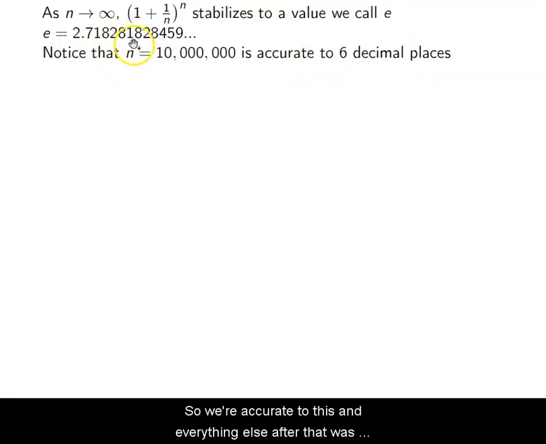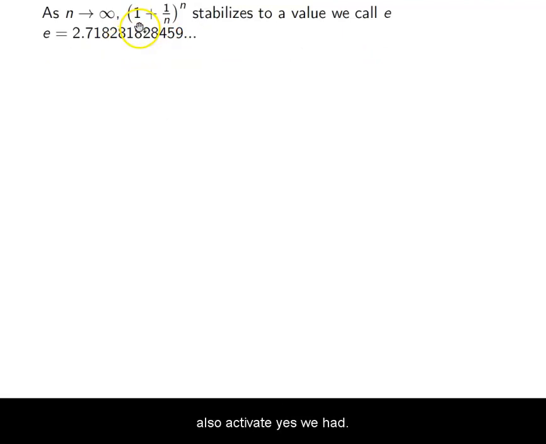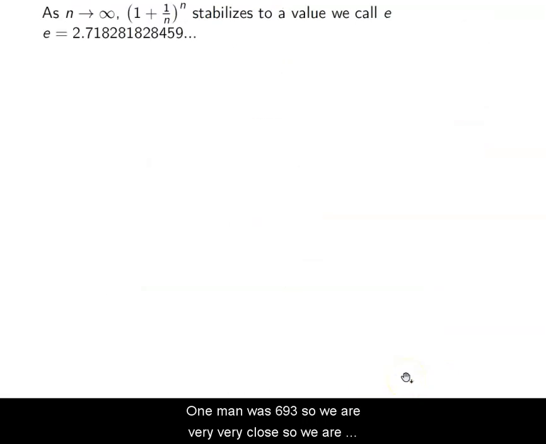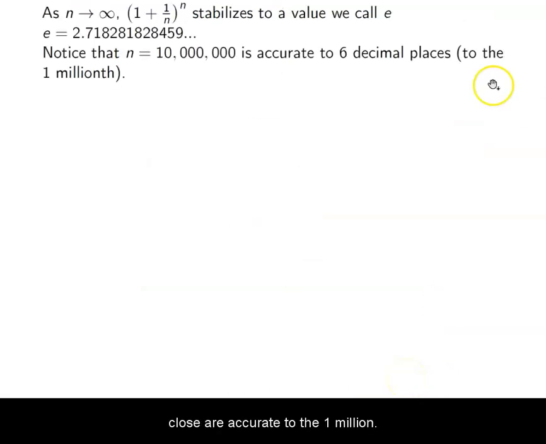Okay. So we're accurate to this, and everything else after that was off. So at this 8, we actually had 6, right? 1, and then was 693. So we were very, very close. Okay. So we were close. We're accurate to the 1/1,000,000th value, right? That's how accurate we were. So very, very, very accurate.